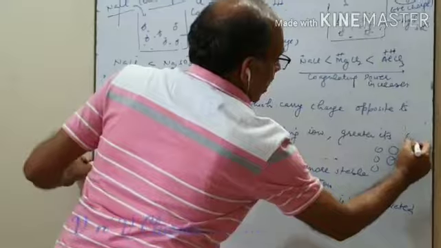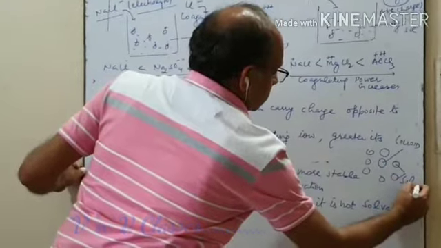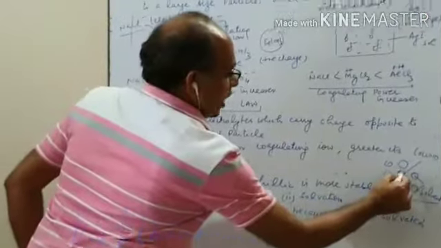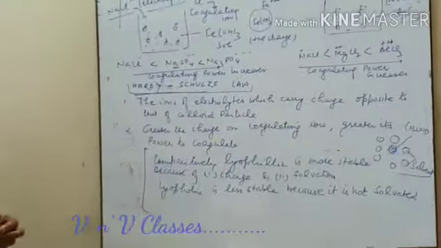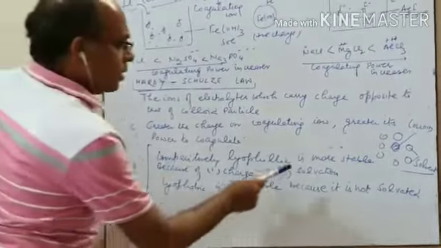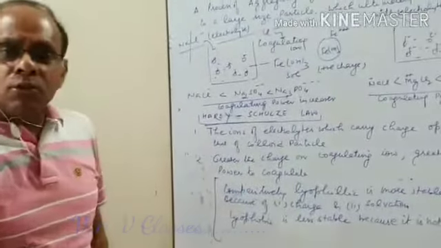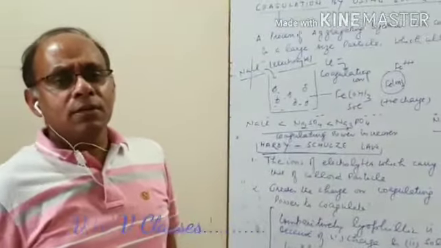Remember, this is colloid and this is solvent. This is called solvation. So this colloid particle surrounded by solvent molecules, this is called solvation. And remember, lyophilic is more solvated. Lyophobic, that is solvent hating, so it will not be solvated.